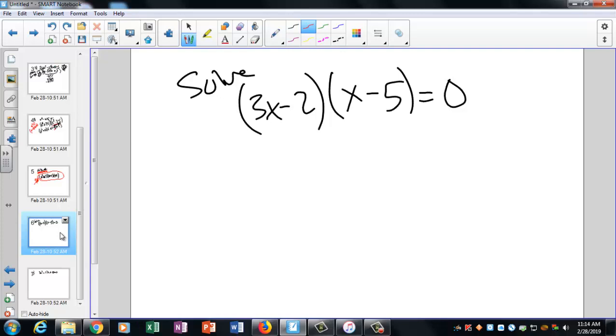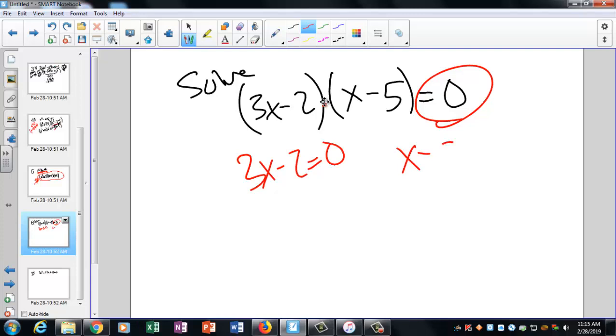All right. (3x minus 2)(x minus 5). How do you solve that? In order to solve this, because this is equal to 0. Now, it's important that you know that it's got to be equal to 0. If it ain't equal to 0, then all bets are off. But when it's equal to 0, you take 3x minus 2 is equal to 0.